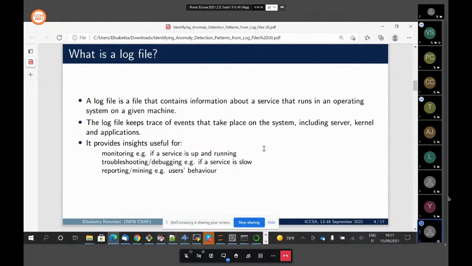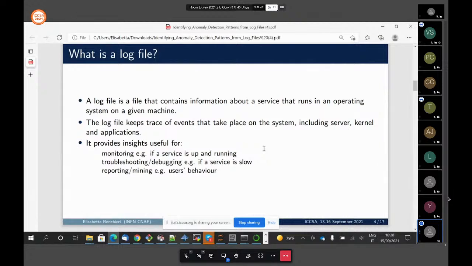Furthermore, the log files keep trace of the events that take place on the system, and this information is useful for monitoring, troubleshooting or debugging, reporting, and mining.